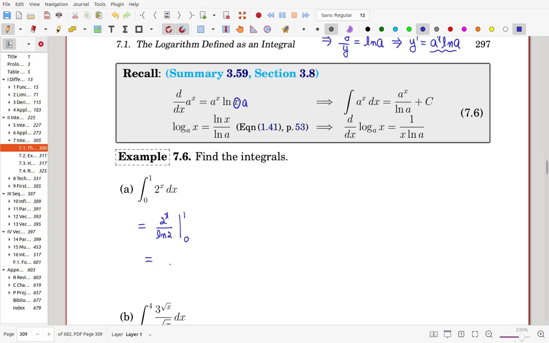That is the same as 1 over natural logarithm 2, and if it is 1, that is 2. If it is 0, then 1, so that is 2 minus 1. Okay, so the answer is 1 over natural logarithm 2, right?